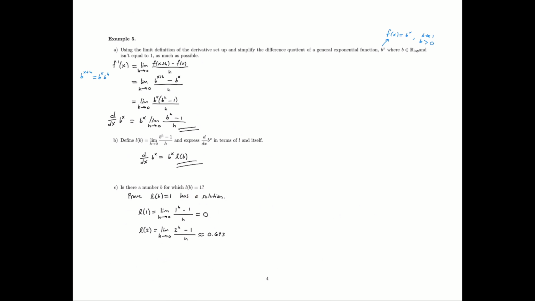So let's see L of 3. So L of 3 is the limit as h goes to 0 of 3 to the h minus 1 all over h. And this number here is about 1.099.